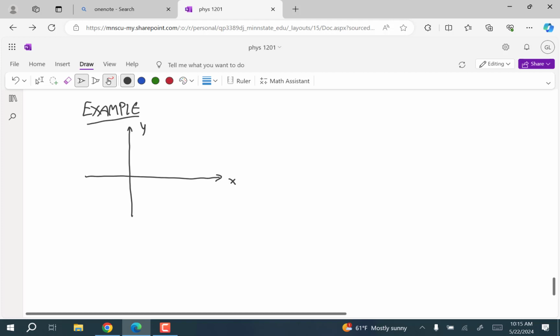And we're given that our point P is over here, and its coordinates are negative 4 for x, positive 6 for y. And what we want to do is calculate this angle theta.